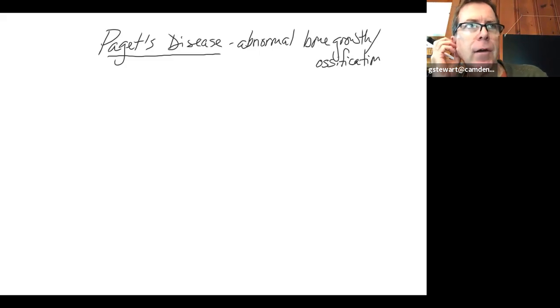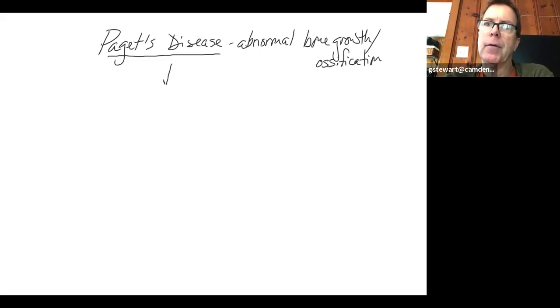It's not like an abnormality in something like growth hormone in which somebody grows really abnormally large. It doesn't have to do with that. It's almost like pieces of bone grow uncontrollably on the bones themselves. So it's sort of random bone growth, spots of bone growth on our bones.